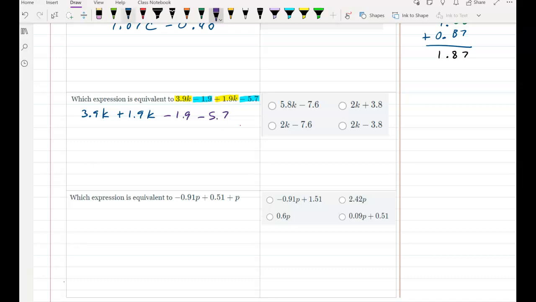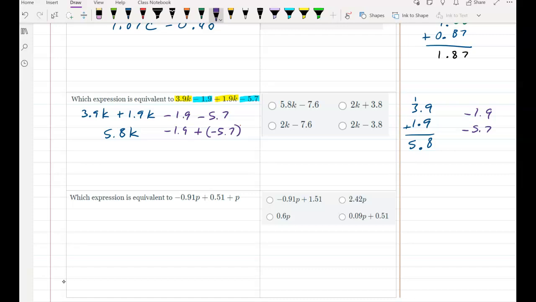We're going to add up our k terms, 3.9 plus 1.9. Those are easy to line up the decimals. 9 plus 9 is 18, carry the 1, and 4 and 5, decimal here, so that's 5.8k. Then we have negative 1.9 and negative 5.7. Remember, we're going to add the opposite, because that's what subtraction is.